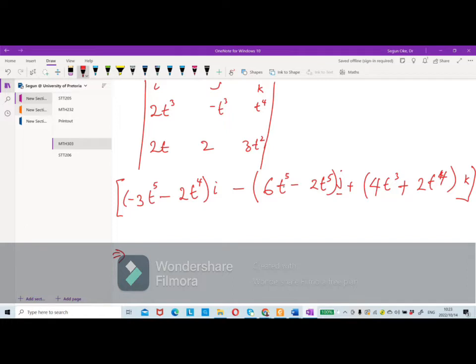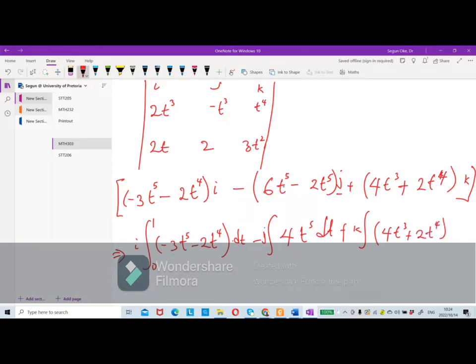So for us to integrate now, we have, for i, the integral from 0 to 1 of negative 3t^5 minus 2t^4 dt, minus, we can add this one together, the integral of 4t^5 dt, plus, we can't add this one because they are not the same, the integral of 4t plus 2t^4 dt, 0 to 1.